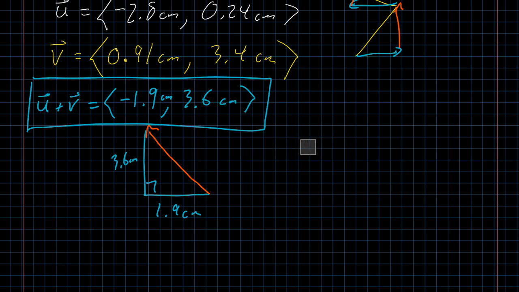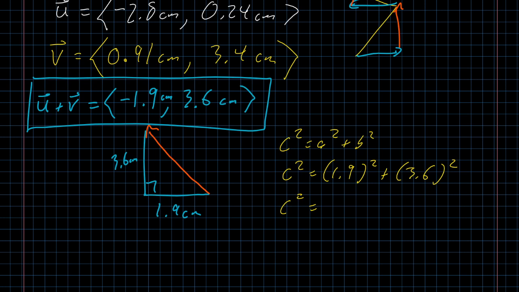Let's write this in, well, you'll notice that I was lazy here. I did not write the negative with 1.9 because I know that positive 1.9 squared or negative 1.9 squared comes out to the same thing.